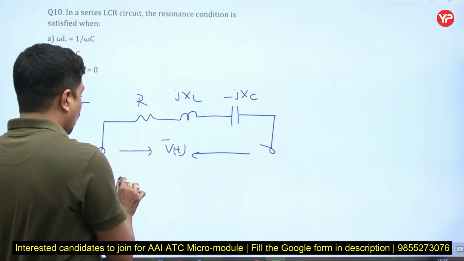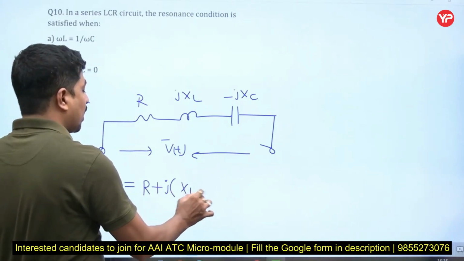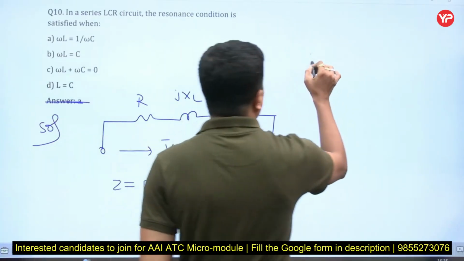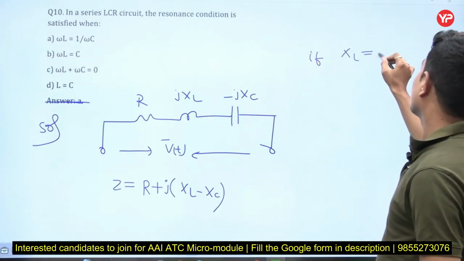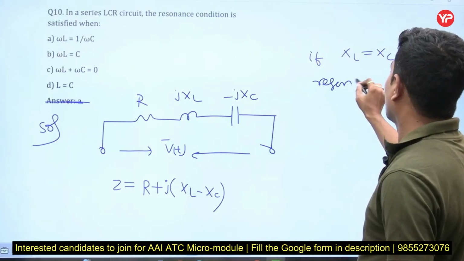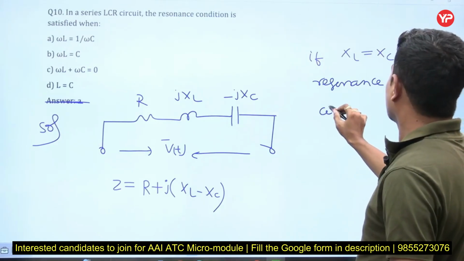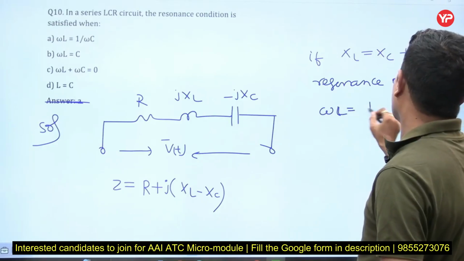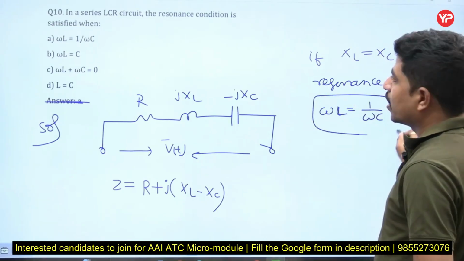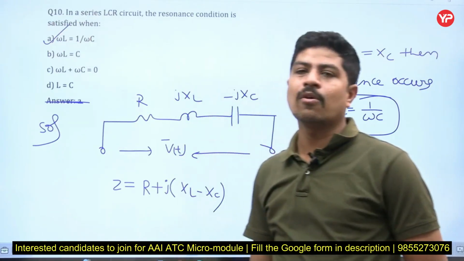Now Z is equal to R plus j(XL minus XC). If XL is exactly equal to XC, then resonance occurs. XL is omega L, XC is 1 by omega C. This is the condition for resonance. So option is A, omega L is equal to 1 by omega C.